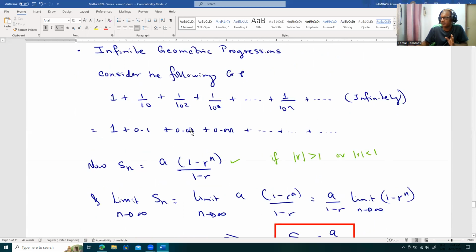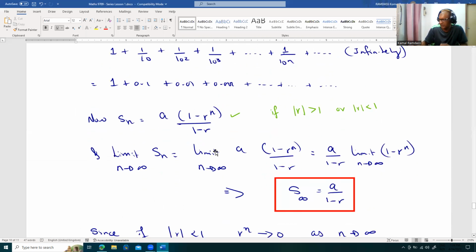Mais par contre, si le modulus of R is less than 1, ça veut dire là, il y a une fraction de 1 over 10, et là, il peut converge to a certain number. Et nous pouvons regarder pourquoi il peut converge. Limite de S of n as n tends to infinity, ça veut dire quelle valeur S of n peut être quand n tends to infinity.